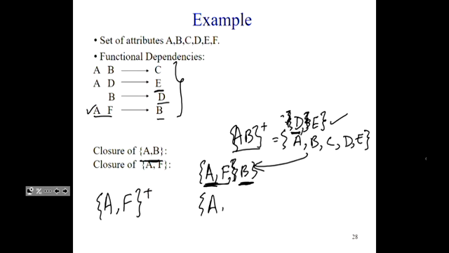So I would have A, B, C, D, E, F, correct? Do I need to do anything else? No, right? At this point I'm done. I have all of the attributes in the closure and therefore I can't apply anything more. So I have an upper bound to how many things I can add, which is the total number of attributes. Here I have only 6 attributes and therefore I will stop when I hit 6 for sure.